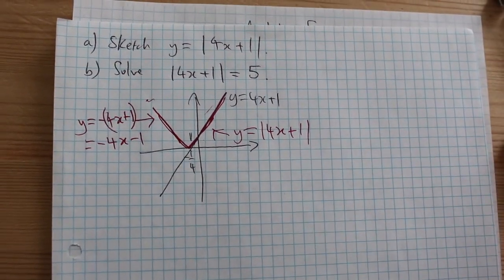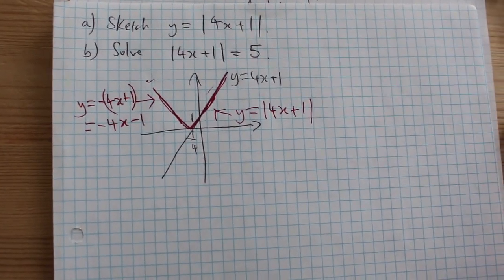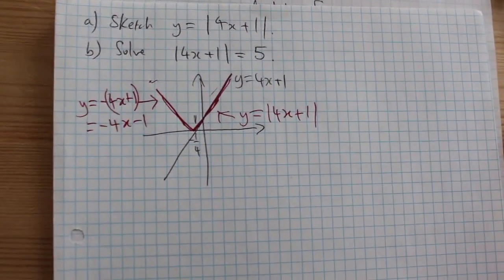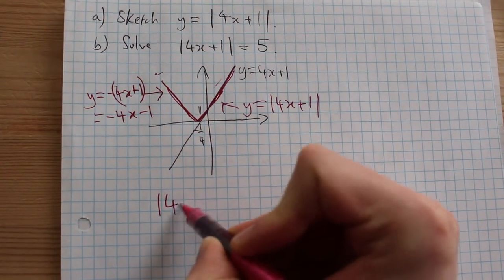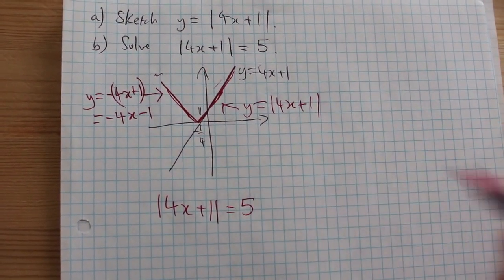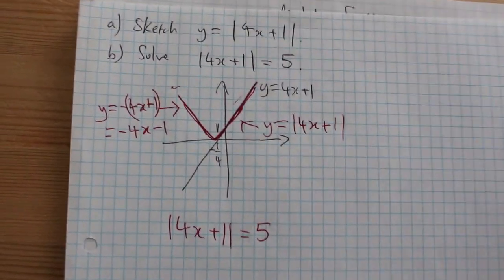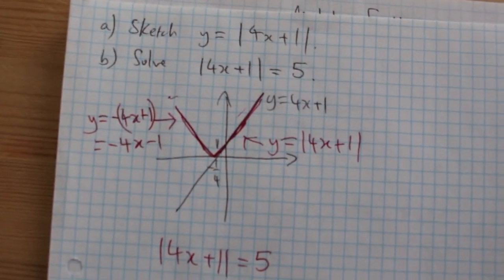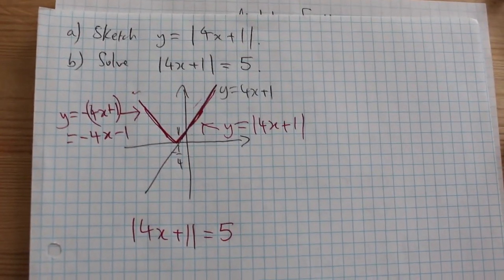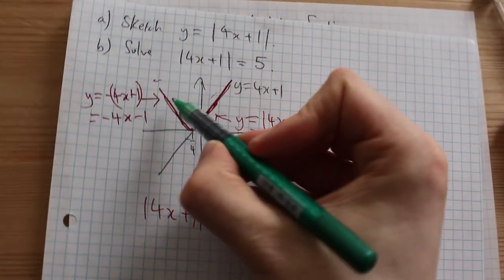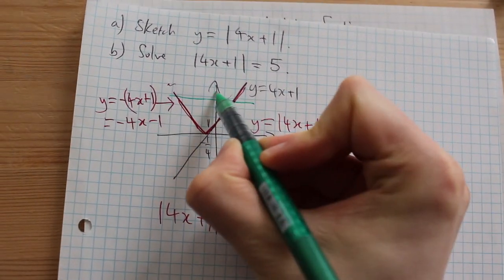That might come in handy later, because now we need to solve the equation the modulus of 4x plus 1 equals 5. So we can think about this graphically. We can add to the graph the line y equals 5, maybe here in green.